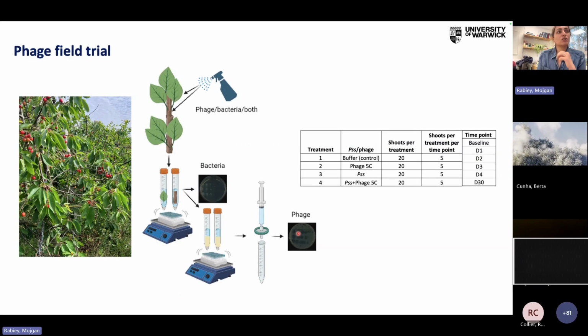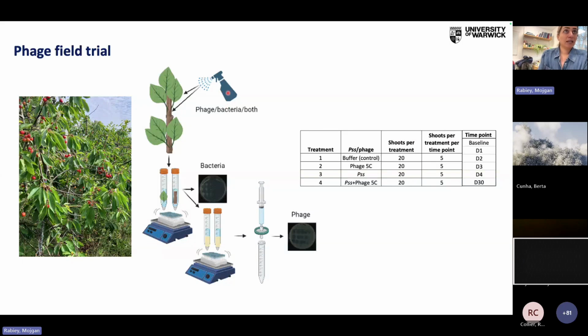So in the cherry orchards, we selected our trees, and then we collected leaf and shoot samples as baseline samples, and we tested for the presence of native PSS and native phage. When we showed that there were no phages and PSS, we started our experiment.